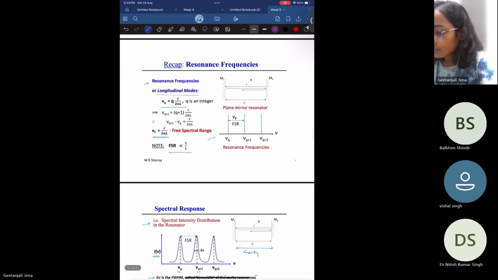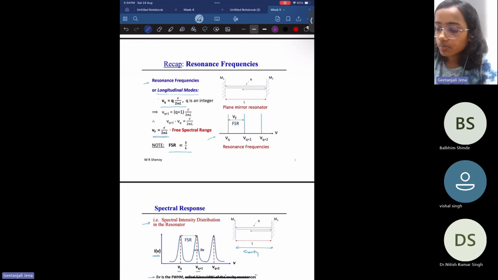So these are the same concepts: the resonance frequency is given by QC by 2NL, and the free spectral range is the difference between resonance frequencies, given by C by 2NL. The FSR is inversely proportional to the length of the optical resonator.